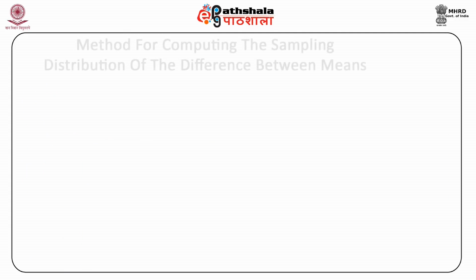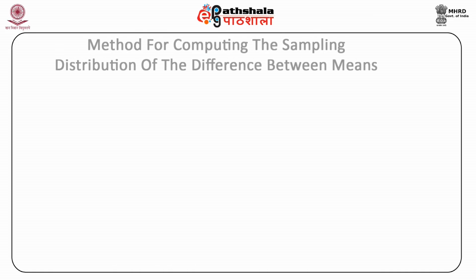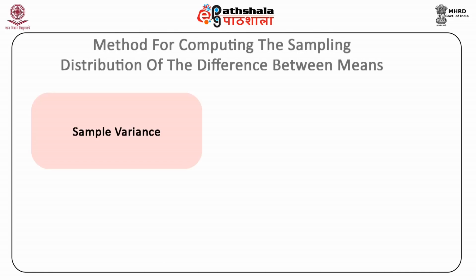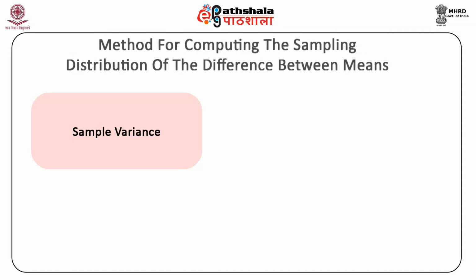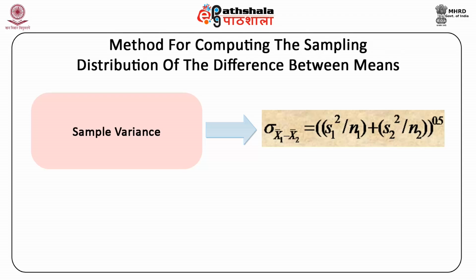If the population variances are not assumed to be equal, the separate sample variances are used as an estimate of sigma(x1 bar minus x2 bar). Sigma(x1 bar minus x2 bar) is equal to (s1 square upon n1 plus s2 square upon n2) to the power 0.5.